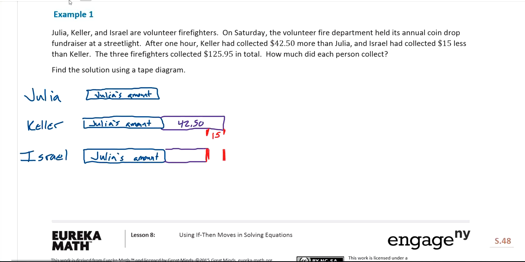So what we could do is $42.50 minus 15 to find out this amount Israel collected that's just a little more than Julia's. So if you do 42.50 minus 15, you will get 27.50.